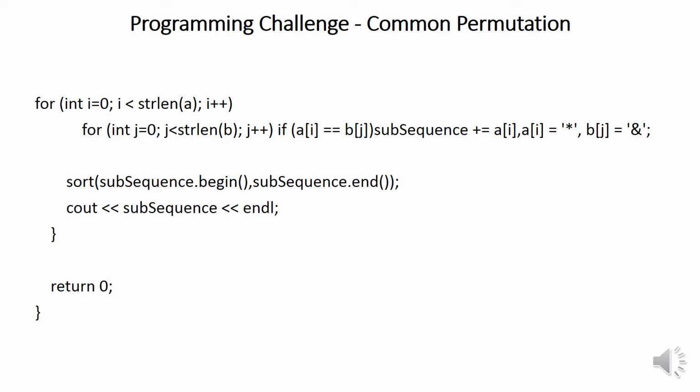So we take two for loops, and after that we use an if statement. In that we have to check that a of i is equal to b of j. So we find the subsequence, and replace a of i with star and b of j with ampersand.